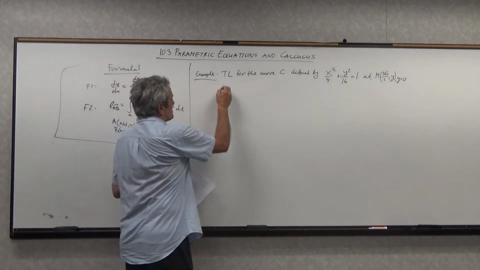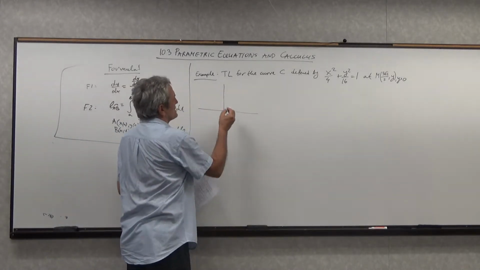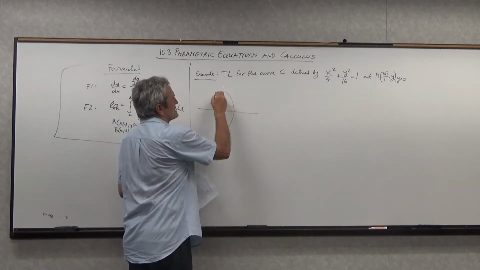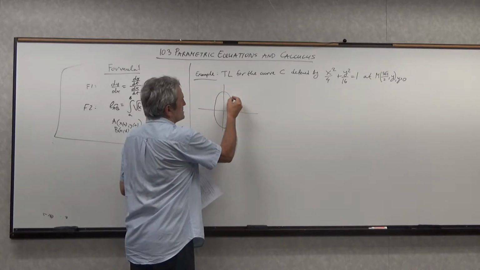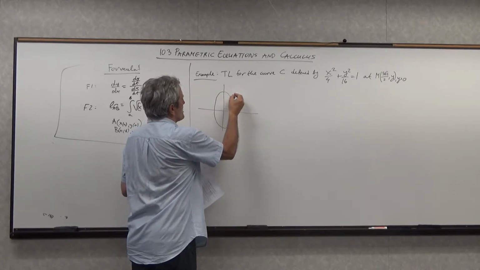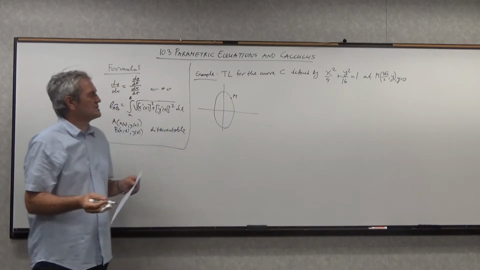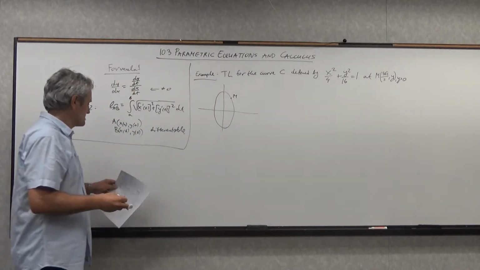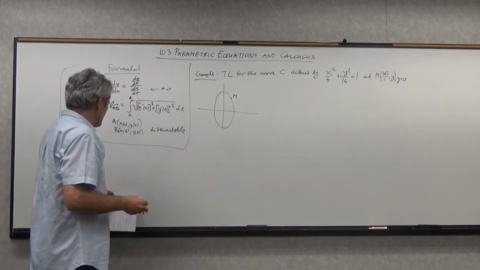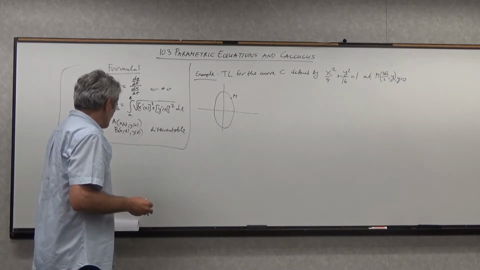What is this? You don't even have to draw it, but generally it's an ellipse, like this. Here is that point M with undisclosed y coordinate, and we want equation of the tangent line. So this is the simplest and kind of most trivial problem of this type.